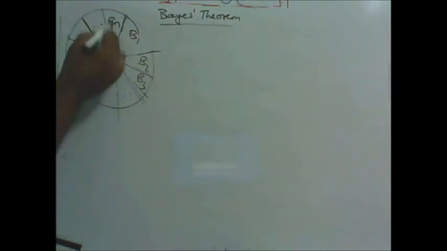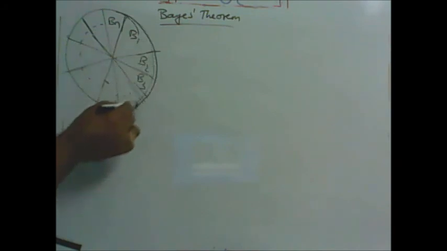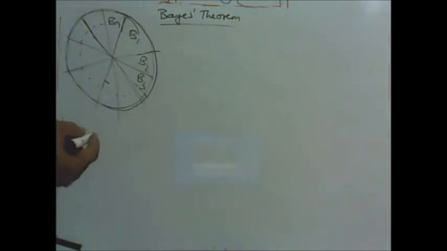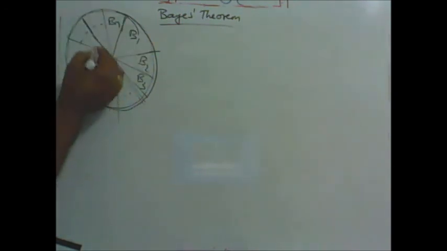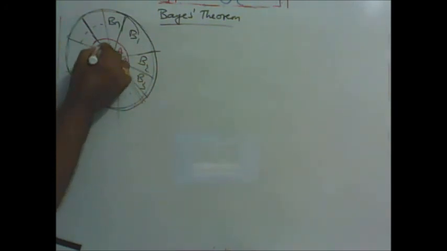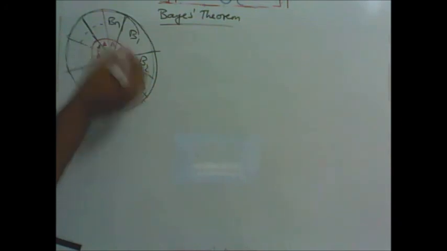Consider there are n possible events: B1, B2, B3 and so on up to Bn. Out of that, there is another event A which is dependent on these events.